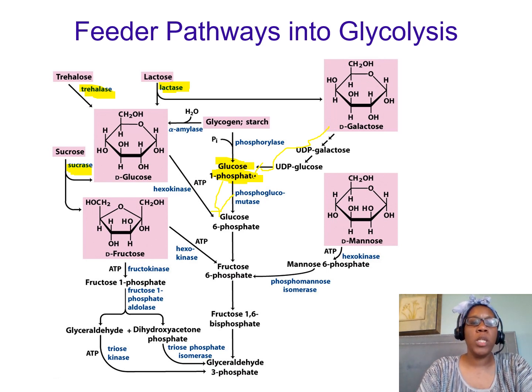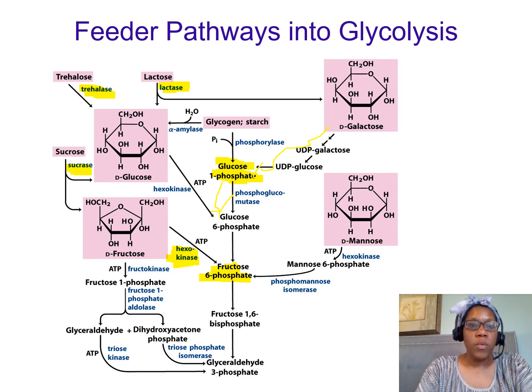And so we can use hexokinase. It's a ubiquitous enzyme. It phosphorylates glucose and it phosphorylates fructose. And when we phosphorylate it, we add a phosphate to the 6 carbon again, and we get F6P. And of course, that's the third step of glycolysis.